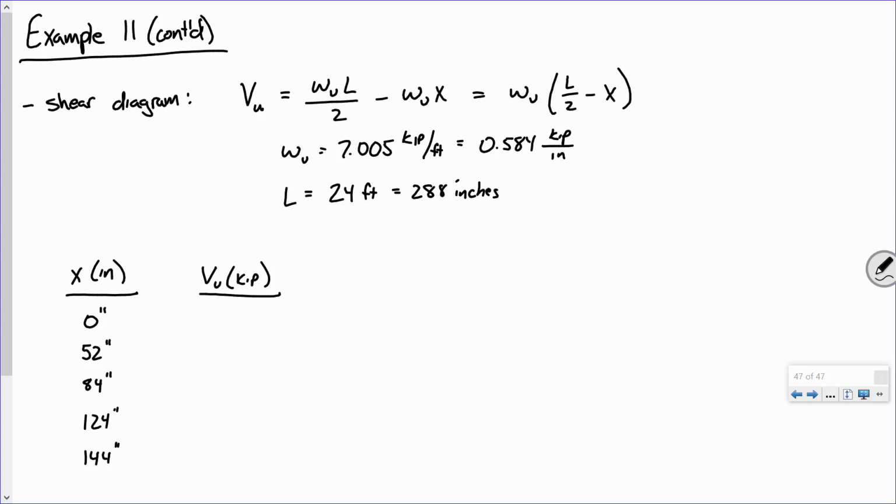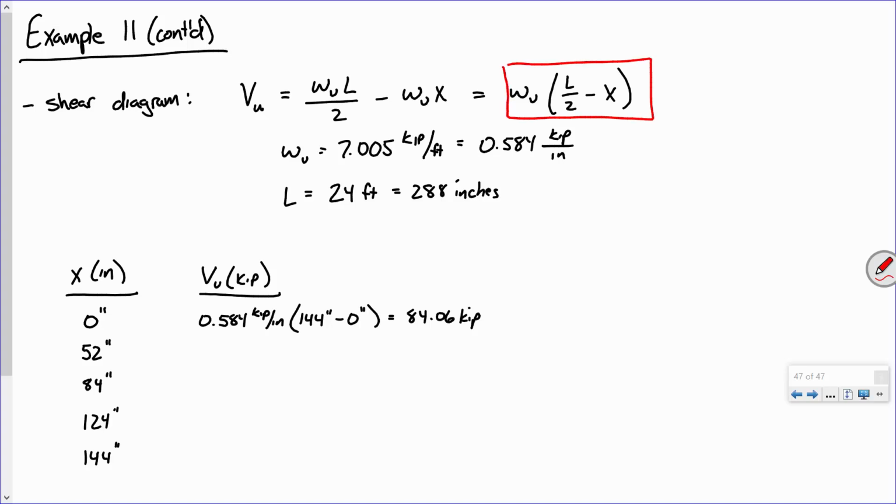So I'll do the first one. The first one is 0.584 kips per inch times 144 inches minus 0, and that's 84.06. Do you all see how I did that? I'm taking this equation and I'm plugging it in right here, right?